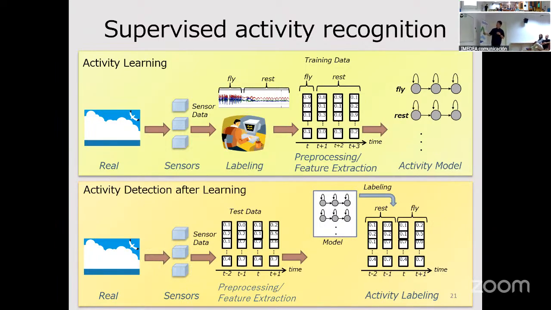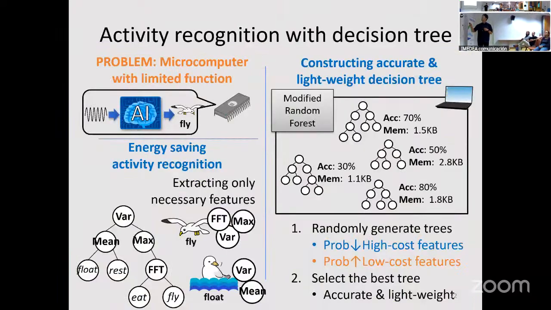And based on this result, we control the camera. This is the algorithm of our method, but I won't explain it in detail today. But the problem is the poor memory and CPU of the device.